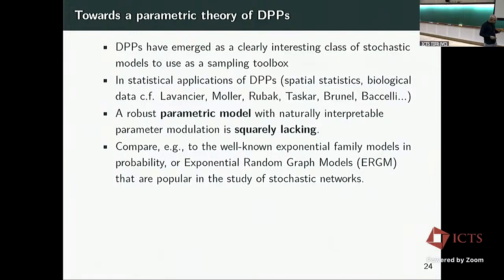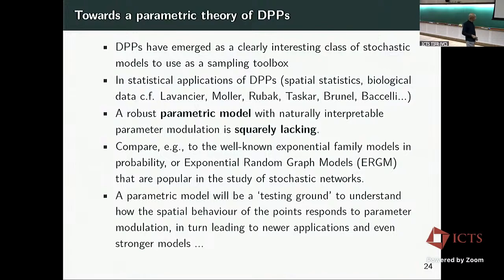And so what we want is something closer in spirit to the parametric models from more classical statistics, which is that the number of parameters should be small, and we should be able to modulate this parameter at will in a simple interpretable way, and this should give us some interesting implications in terms of the spatial pattern of the points.